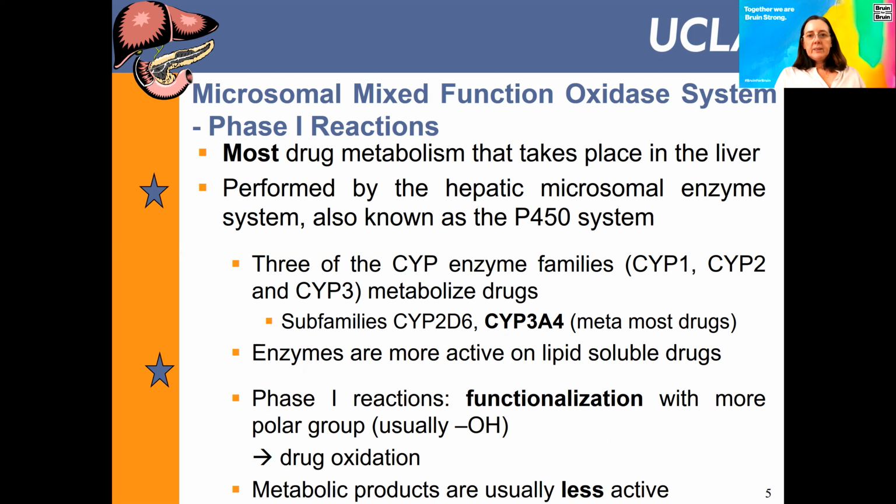Now, where are those drugs metabolized in the liver and how? So drugs are metabolized by the microsomal oxidase system, and there are two steps. We have the phase one reaction, and then you have the phase two reaction. The phase one reactions are functionalization, and in that case you have a drug that is becoming more polar.